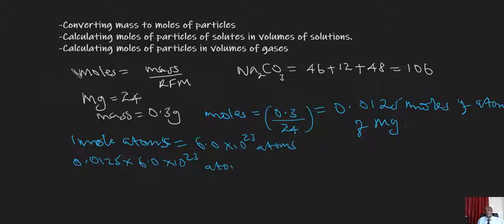These are atoms of magnesium. So we get the total number of atoms as 7.5 times 10 to the power 21 atoms of magnesium. So we have already counted all the atoms making this piece of metal.